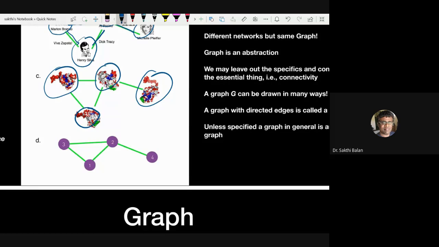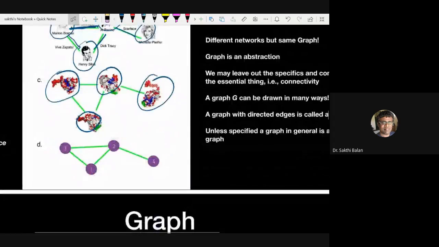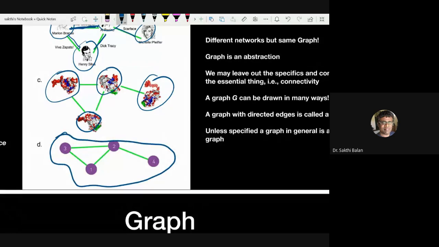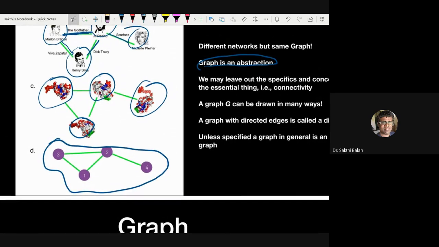All these are separate, different graphs, but what we represent in the graph is nothing but an abstract node. That node can represent any of these things. That is the beauty of abstraction. The graph is an abstraction, which is very important. There are different networks, but the graph is the same.